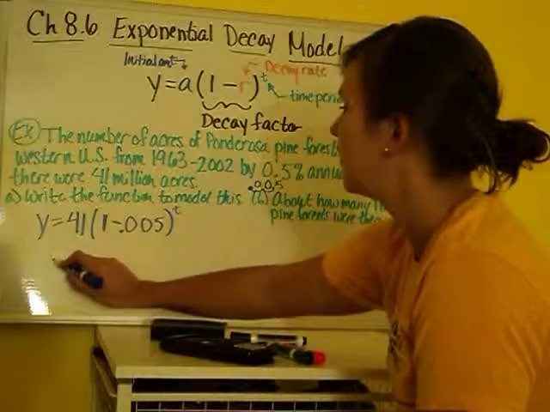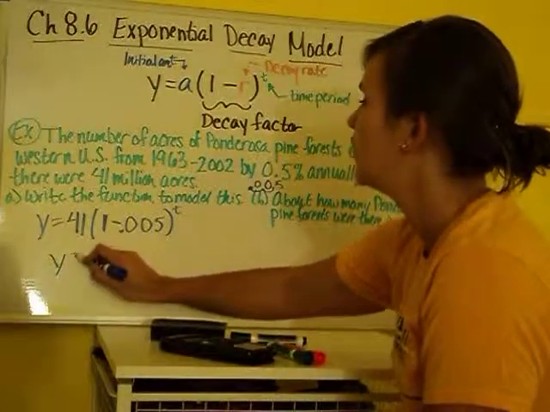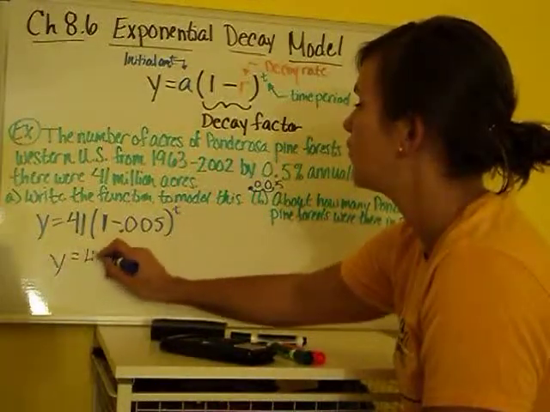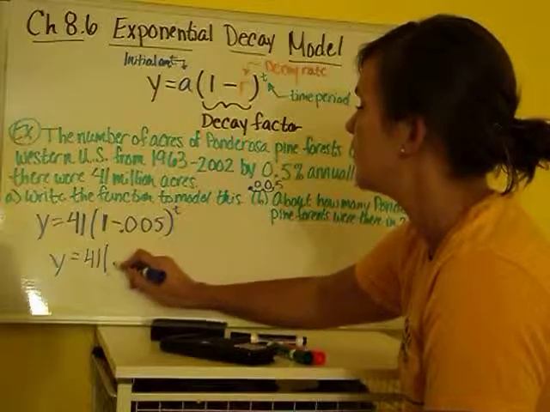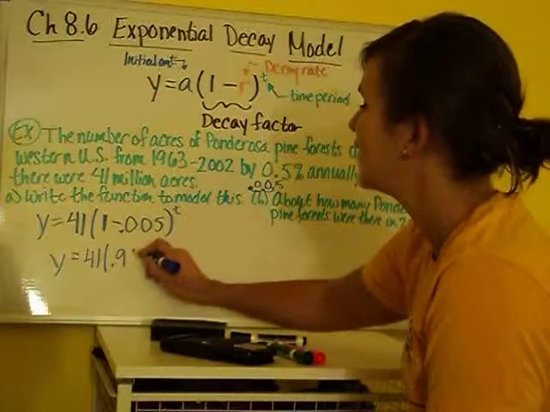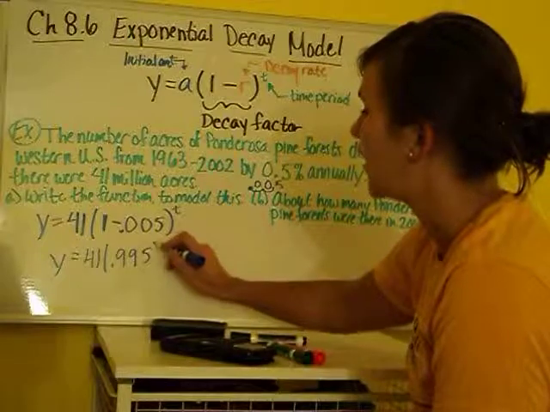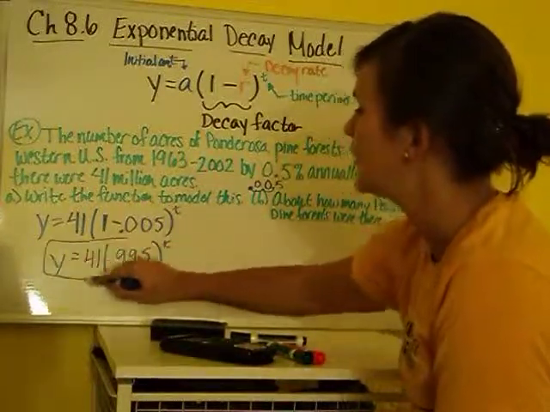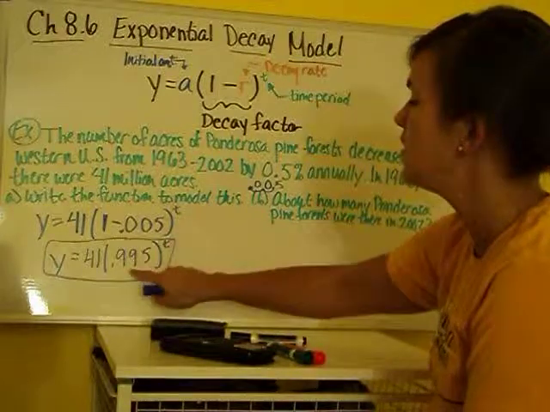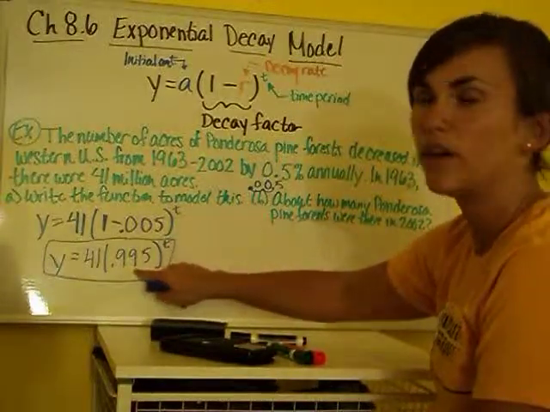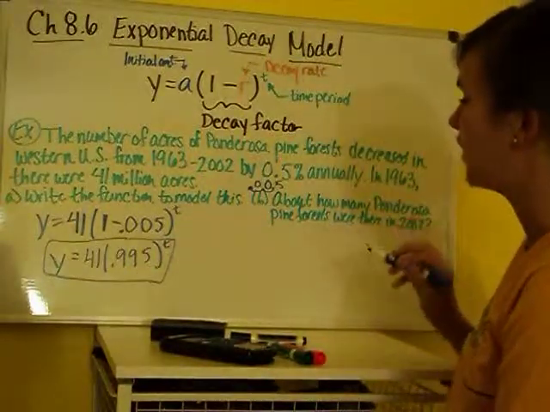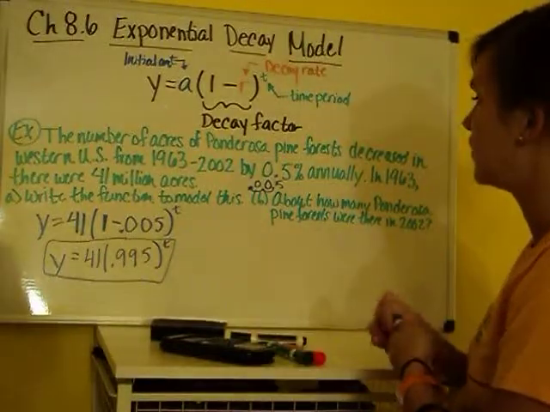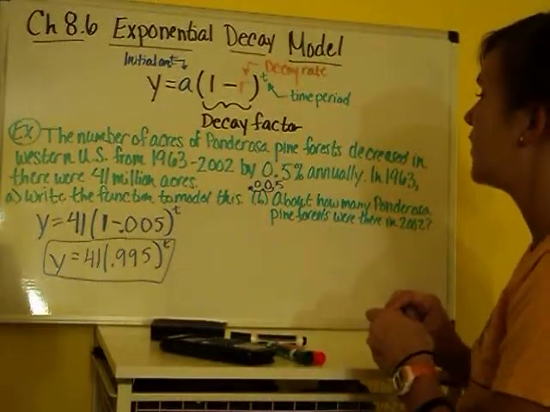Okay, so our function is y equals 41 times 0.995 to the t. Okay, and notice that our b here is less than 1, which means we are decaying, so we are in good territory here.